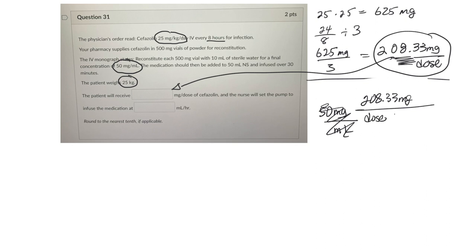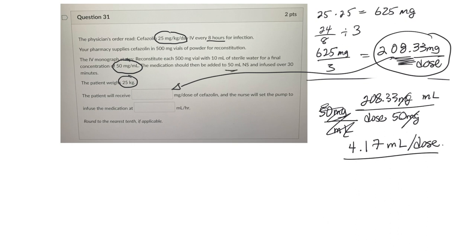So if I divide that by my 50 milligrams per milliliter, each dose is going to be whatever 208 divided by 50 is. So I'm going to have 4.17-ish milliliters per dose. That's how much of the medicine I need to give to them.